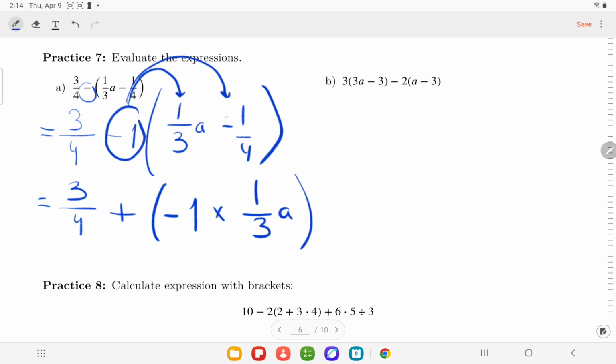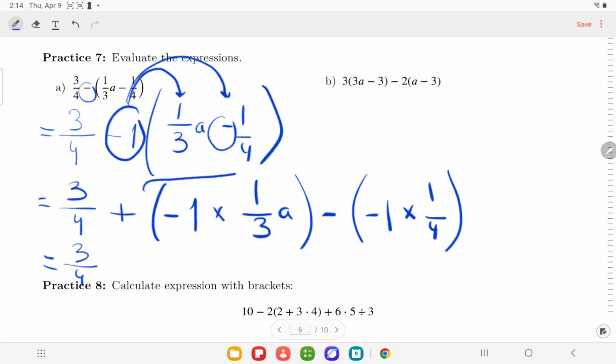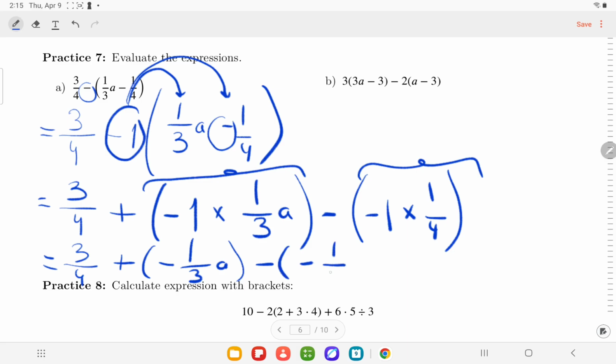And then there's a minus here, so minus negative 1 times 1 over 4. And then we look at our brackets first. So we end up with negative 1 over 3a minus negative 1 over 4.